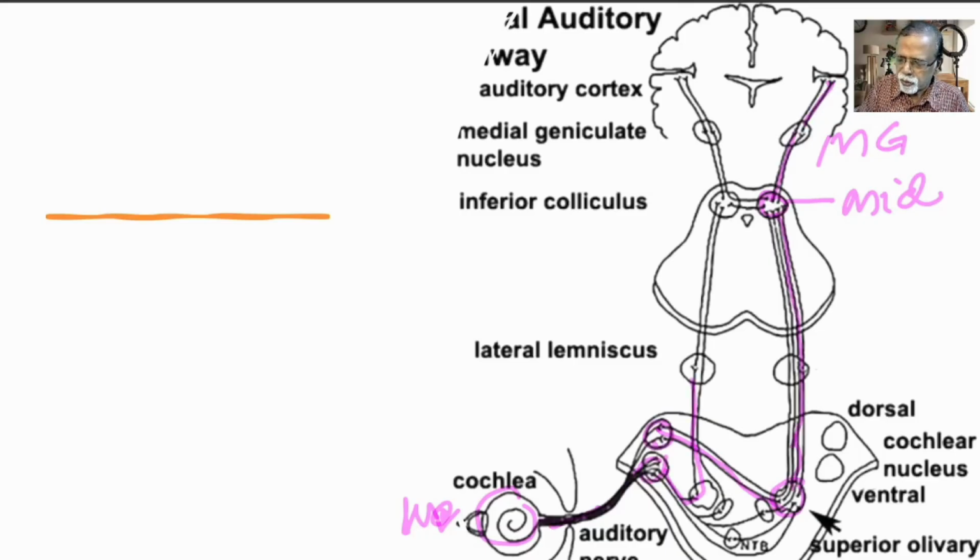And this part, from the superior olivary nucleus going upwards to the inferior colliculus, is called the lateral lemniscus. Should not get confused with the medial lemniscus, which is the great sensory decussation followed by the ascending of the sensory pathways.